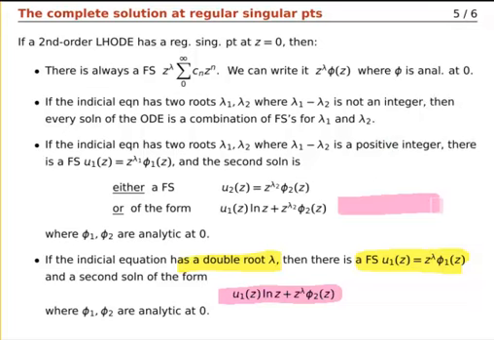So it's got a logarithmic singularity. So when there is a double root of the indicial equation, there's one Frobenius solution and a second solution with a logarithmic singularity at 0. So now you've got a complete catalogue in front of you of the different types of solution that you might have in the neighbourhood of a regular singular point.